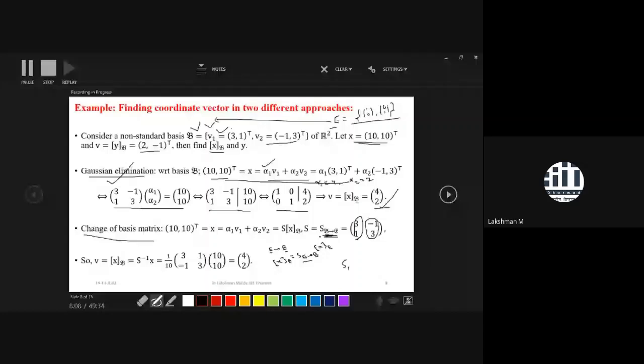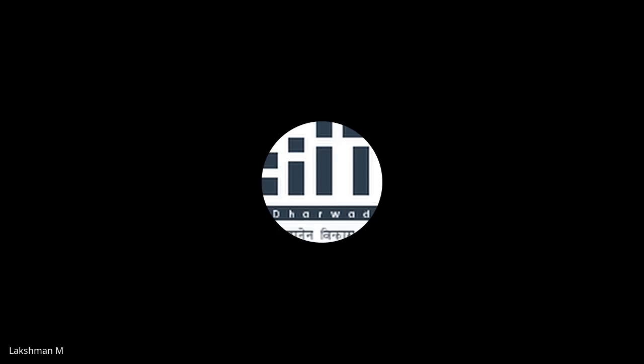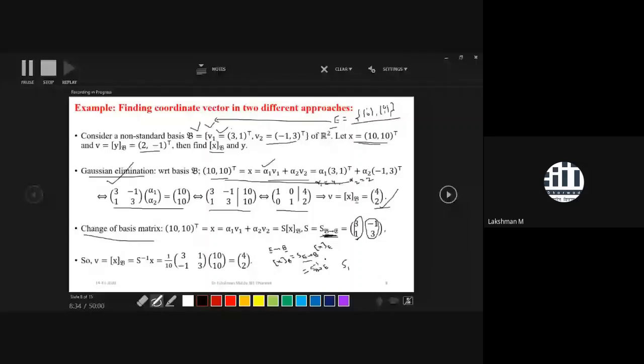So in place of the change of basis matrix from E to B, we will take the inverse of the change of basis matrix from B to E, because this matrix is easy to find, multiplied with the old coordinates of x with respect to E.